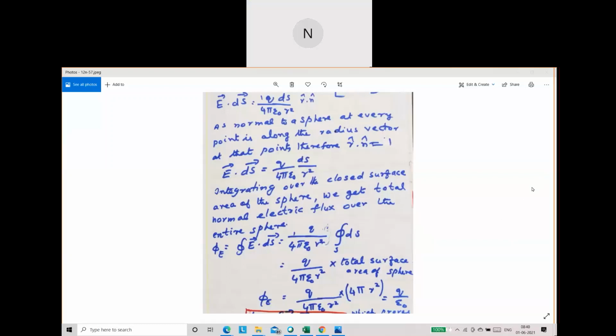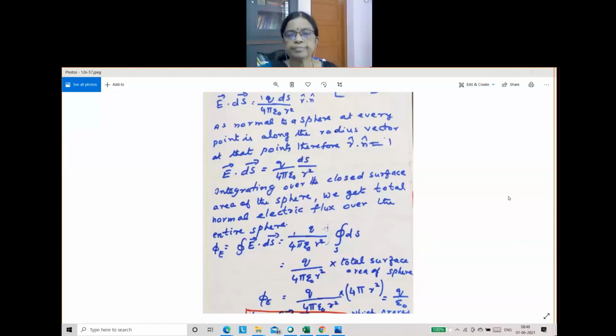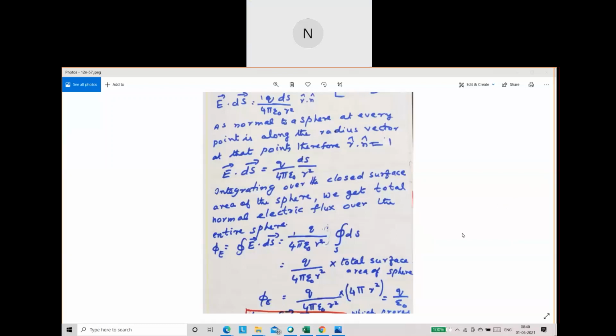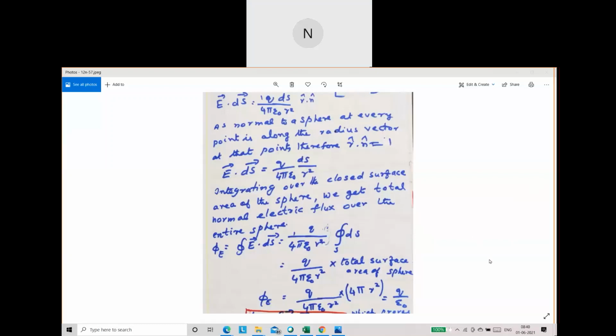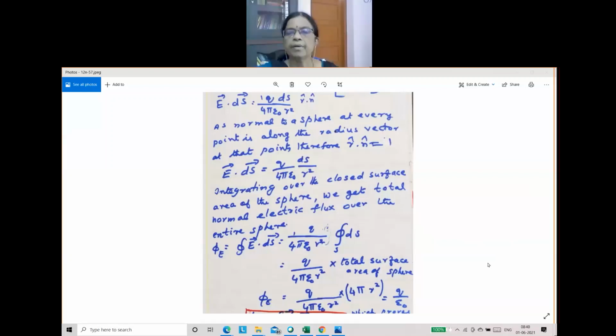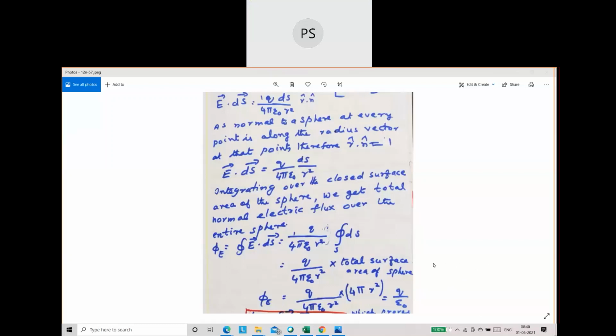Yes, teacher. Integral vector E dot vector dS. Flux phi E equal to integral vector E dot vector dS is equal to q by epsilon 0. That is Gauss's theorem.